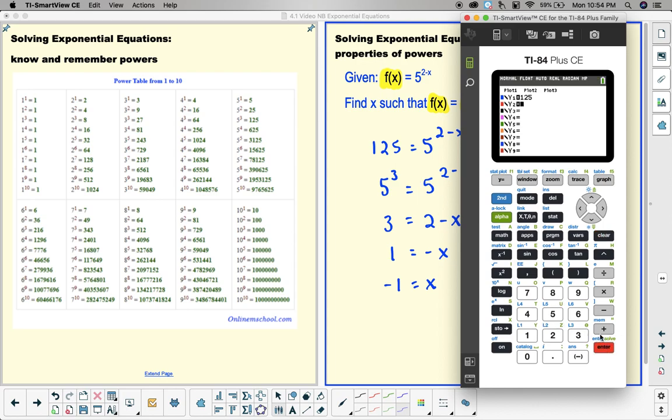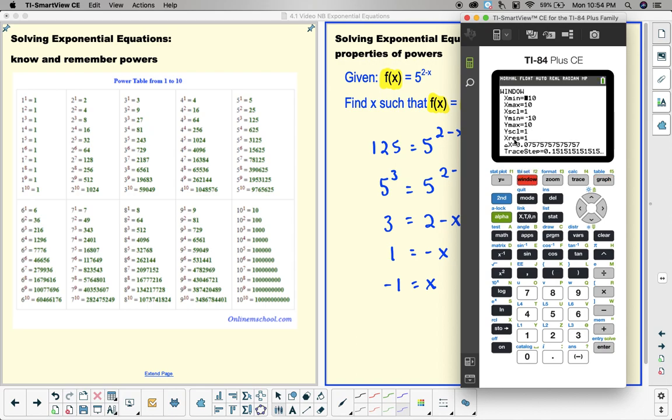Boom. And my right-hand side is going to be 5, clear, 5 hat 2 minus x. And now I'm going to graph it. And oh, look, I don't see 125 because it's not in my window.